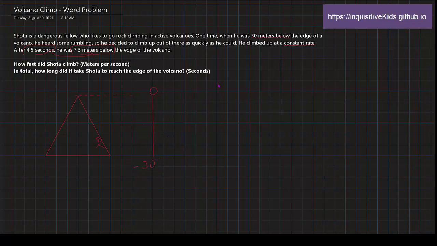This is the height, the elevation. But then over here is going to be the time. Actually, it makes more sense to have the time up here. So this will be the time.